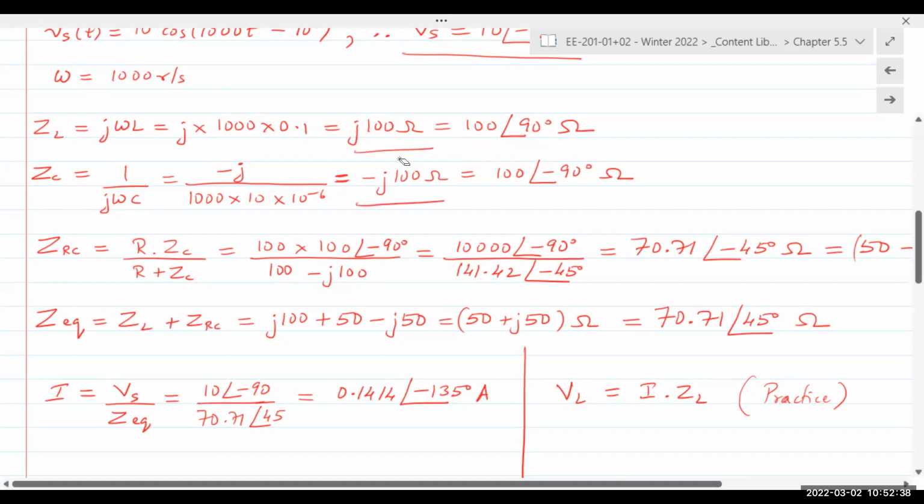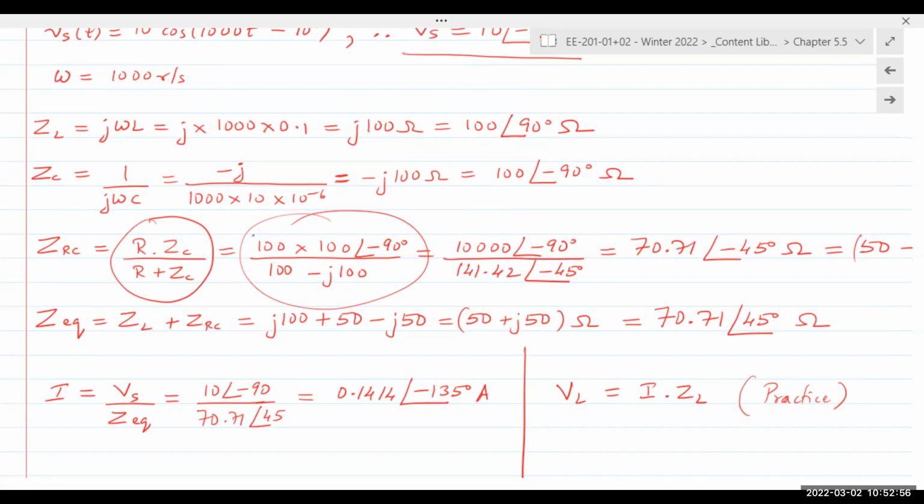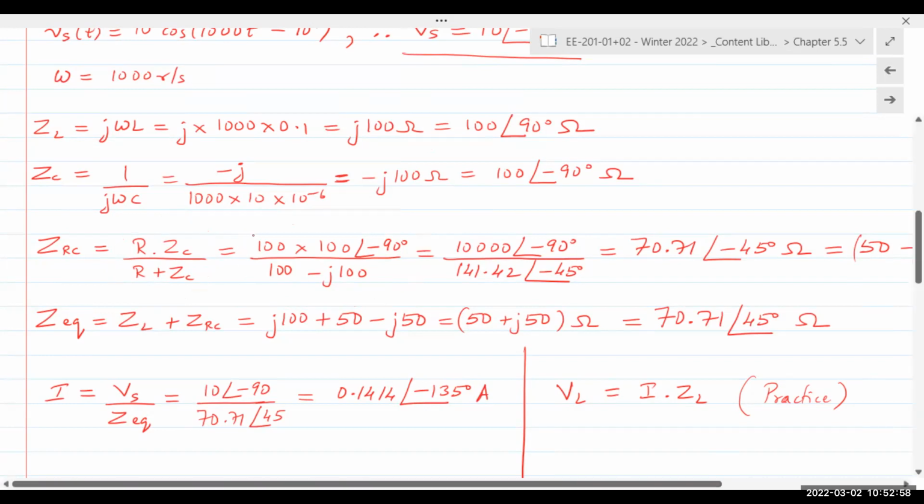Okay. Then ZRC, parallel combination of R and ZC, product of the two divided by the sum of the two. And this is why I have to have both polar and rectangular. I need to perform a division. I need both the denominator and the numerator to be in polar coordinates.